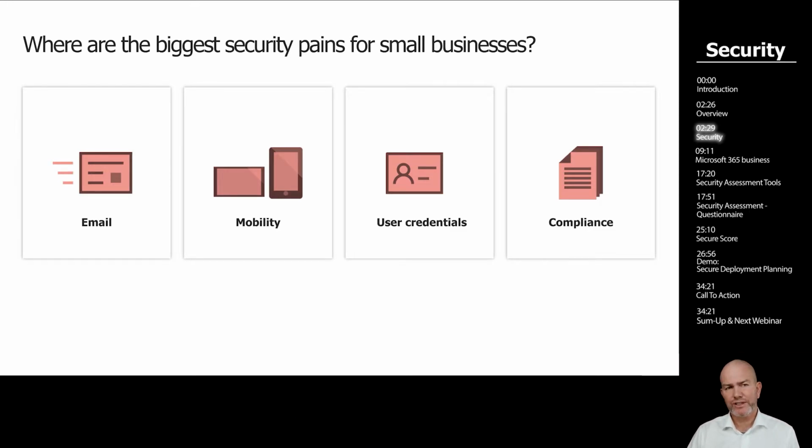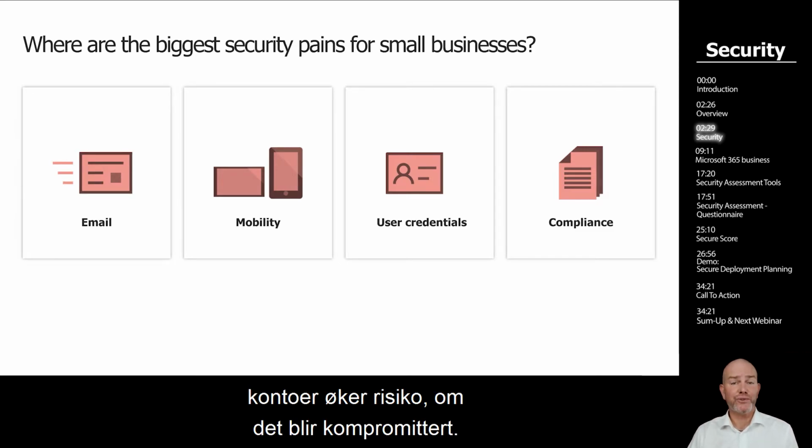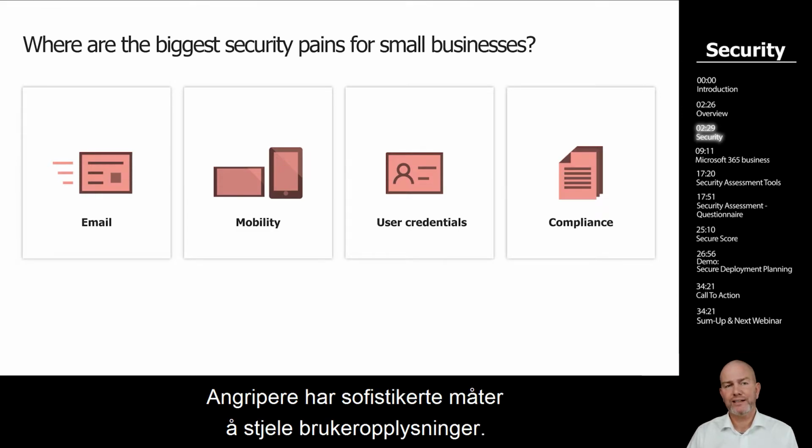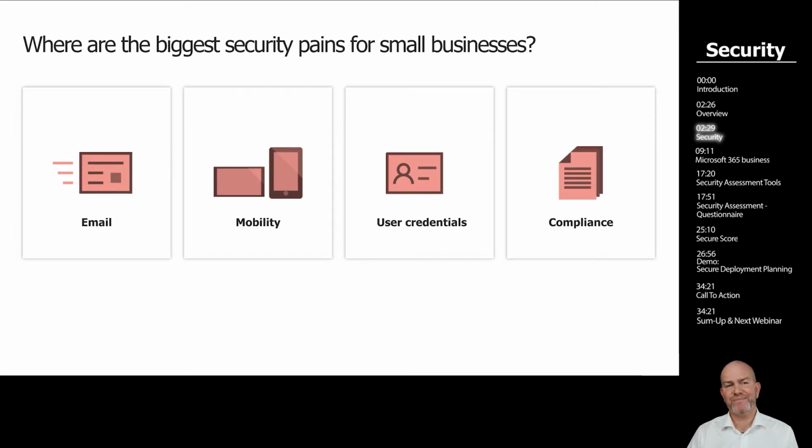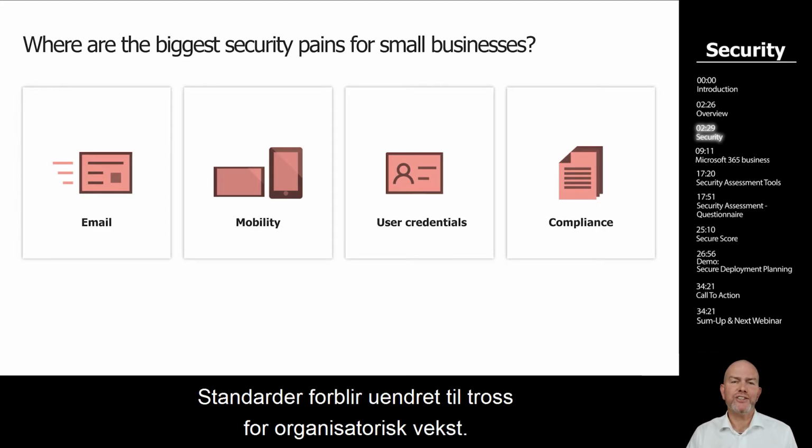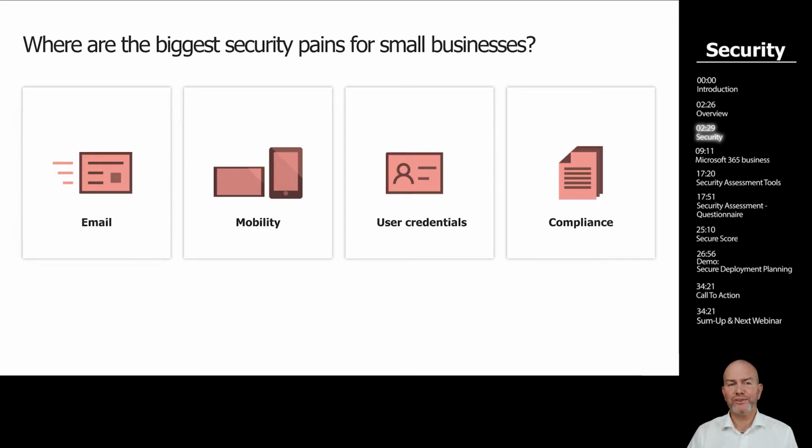User credentials: users having the same password across all accounts increases risk if compromised, and attackers have sophisticated methods to easily steal credentials. Compliance: standards staying unchanged in spite of organizational growth, and viewing requirements for GDPR and other regulations as too strict and complex.